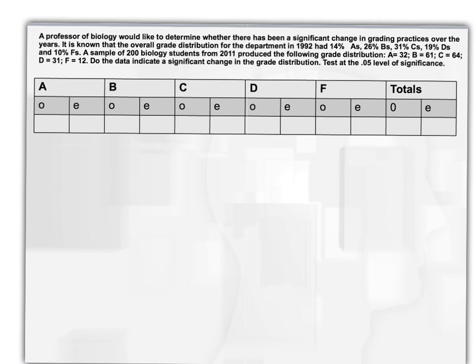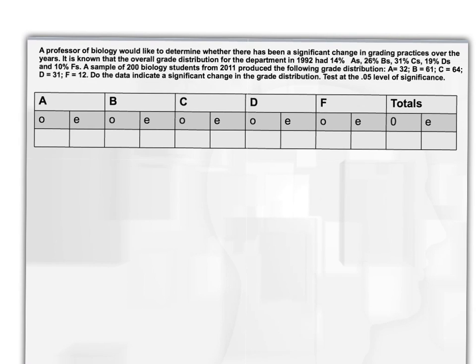We have a null hypothesis. The null hypothesis would be that the grade assignments have not changed, or there's no difference in the proportion of people getting different grades. You can write this hypothesis any way you choose.